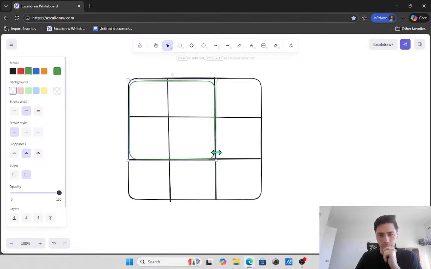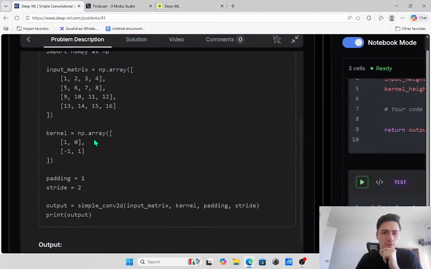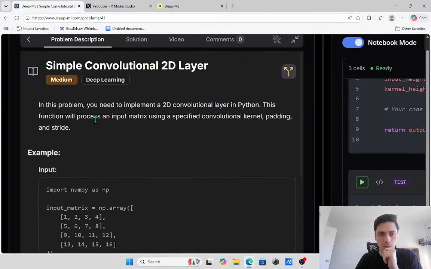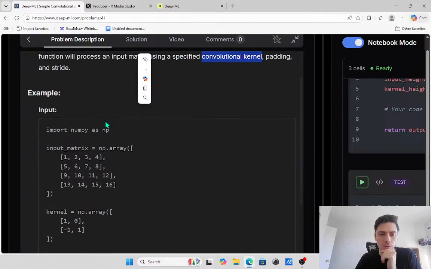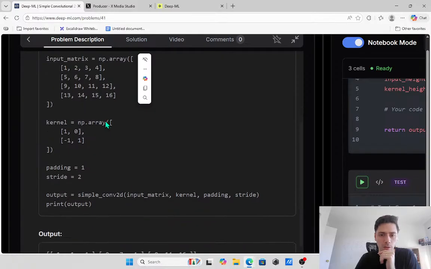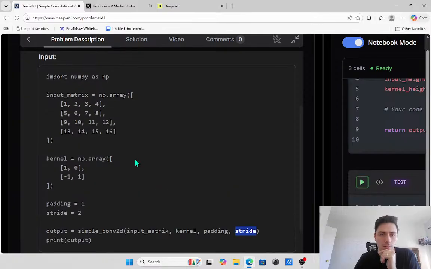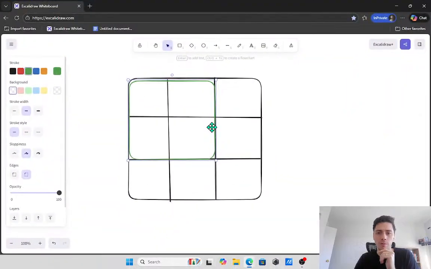Let me just make sure. Let's say we have padding, stride. So let's understand these concepts first: the kernel, the padding, and the stride. So theoretically here we are given an input matrix, a kernel, padding, and stride. So maybe the easiest is a 4x4.